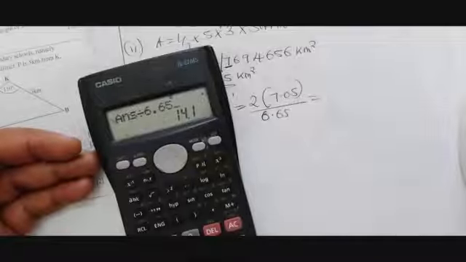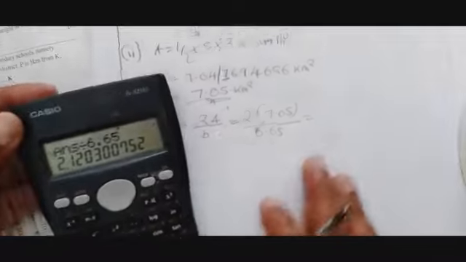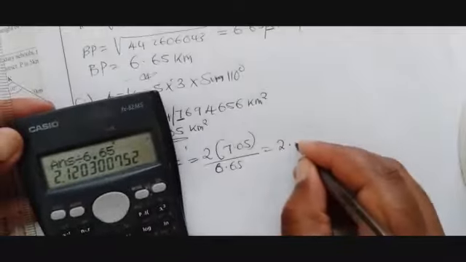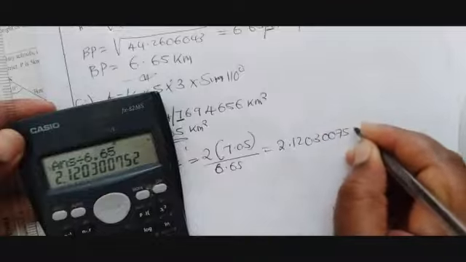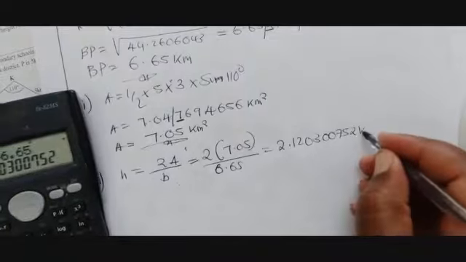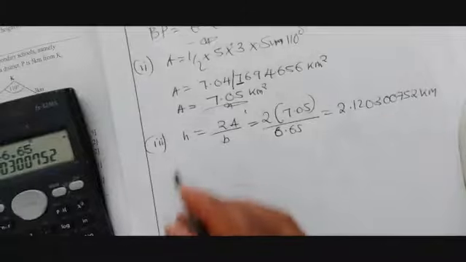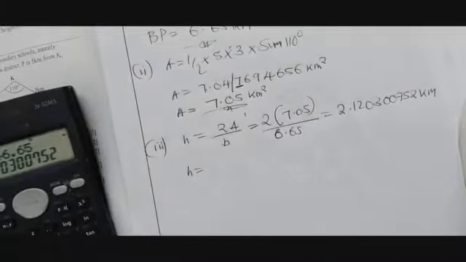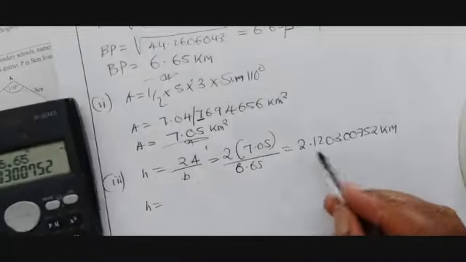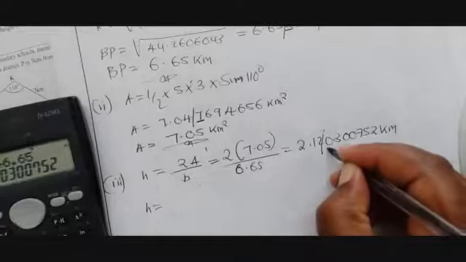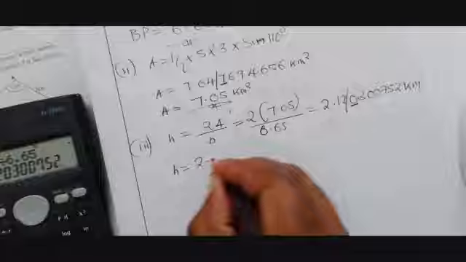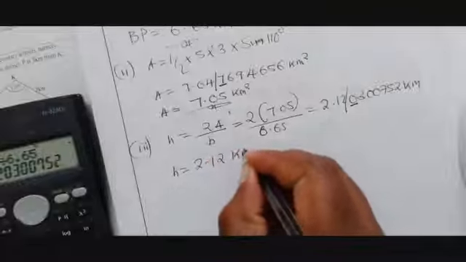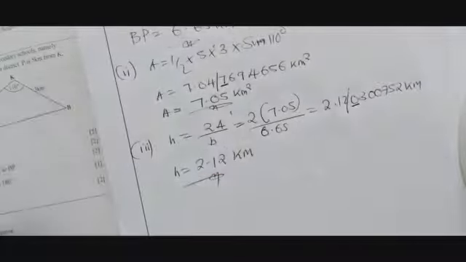What do we get? This is the answer: 2.120300752 kilometers, but as per our culture, we round it off to 3 significant figures. 1, 2, 3. Cut here and consider this one as 0. 0 plus 2 is 2. So I've got 2.12 kilometers. That is the answer.